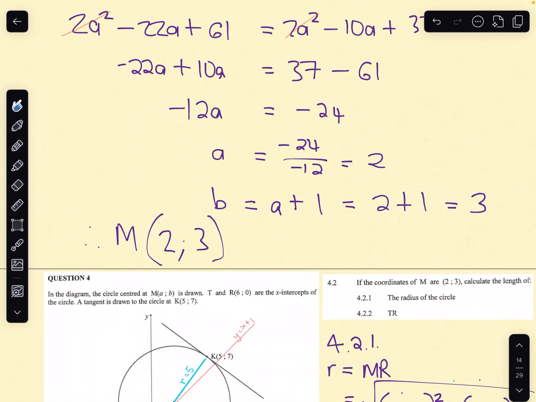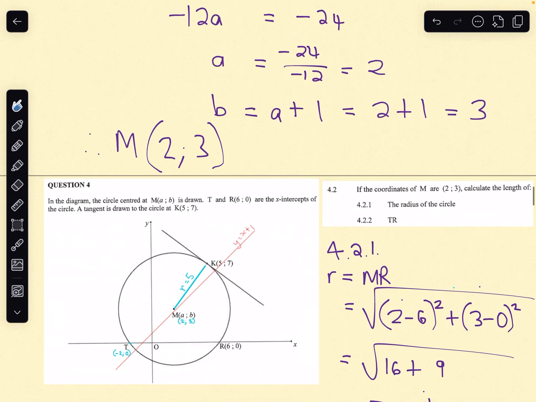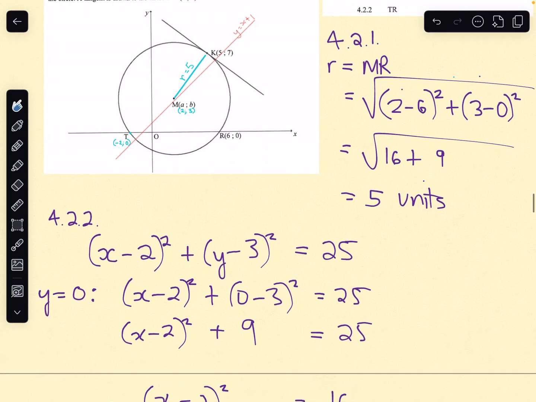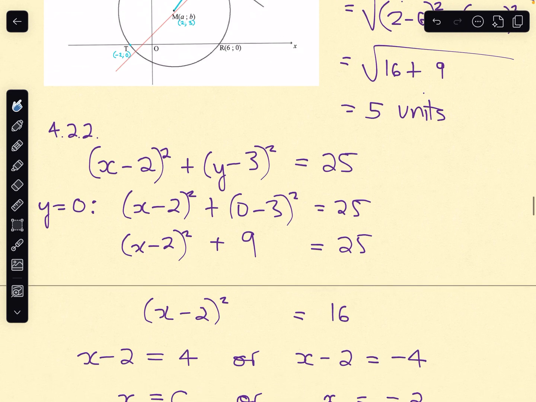Perfect. So the coordinates of M are 2, 3. Then from there we wanted to find the radius of the circle. Yeah, pretty much what we did here. We got 5 units.